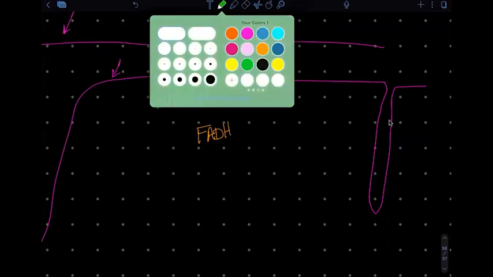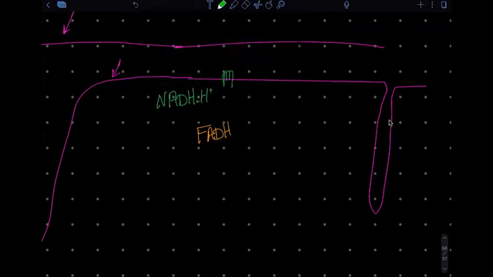I need to split the attachment between the hydrogen and its carrier, like this. This will free the carrier and allow it to get more hydrogen that will be released from the Krebs cycle and from the glycolysis. So I'm freeing the carrier.